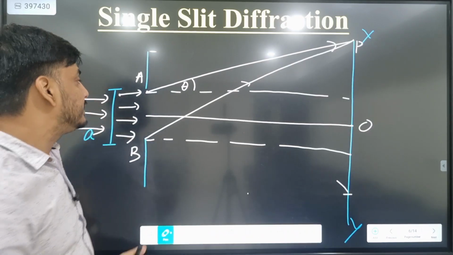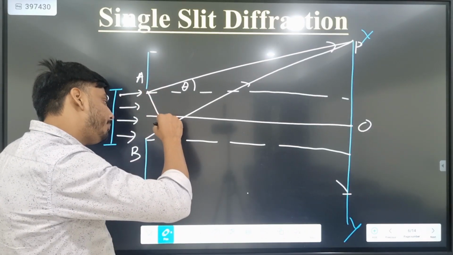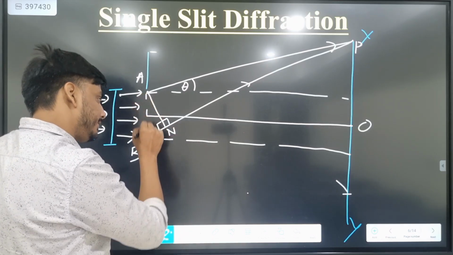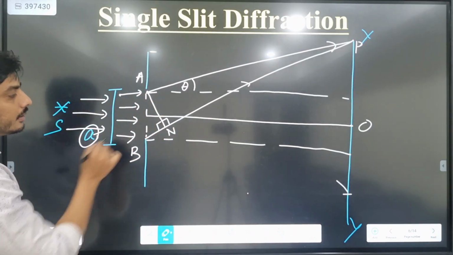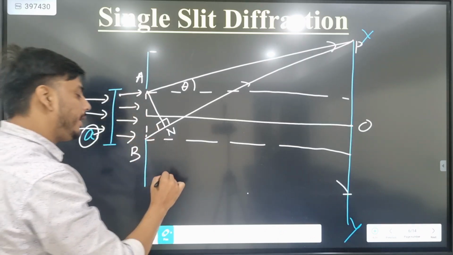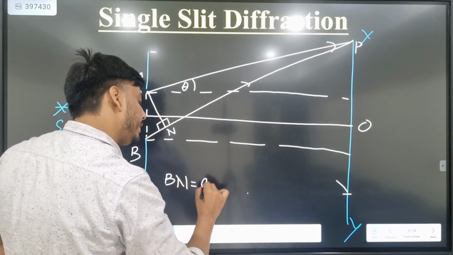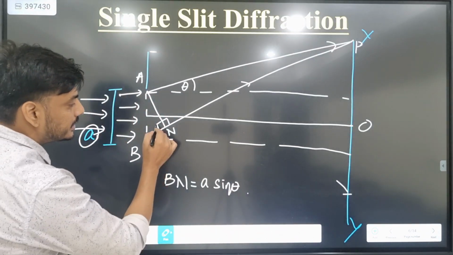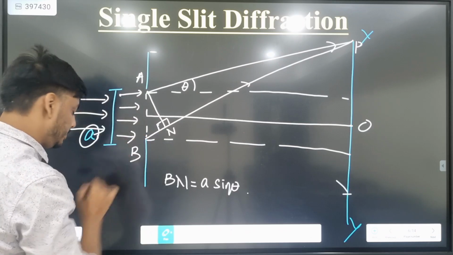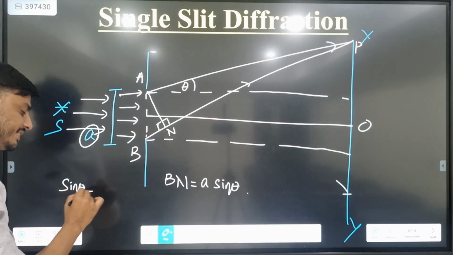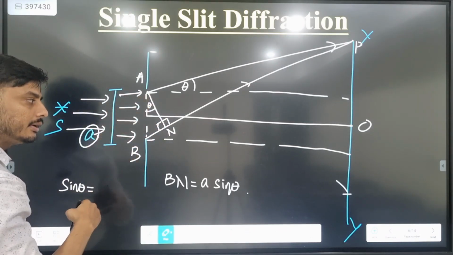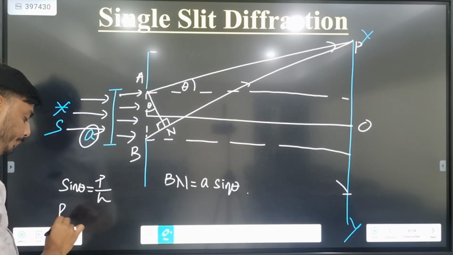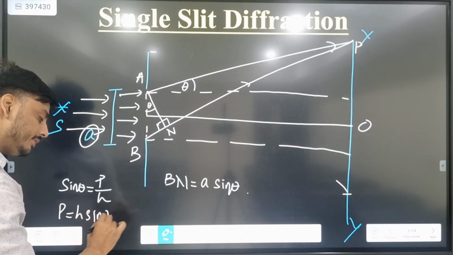In order to calculate the path difference, we draw a perpendicular from B to N. This distance AB we already know, this is the slit width a. So BN will be a sin theta. Here you can see this is 90 degrees, this is the hypotenuse, and sin theta is always equal to P by H. So P equals H sin theta.